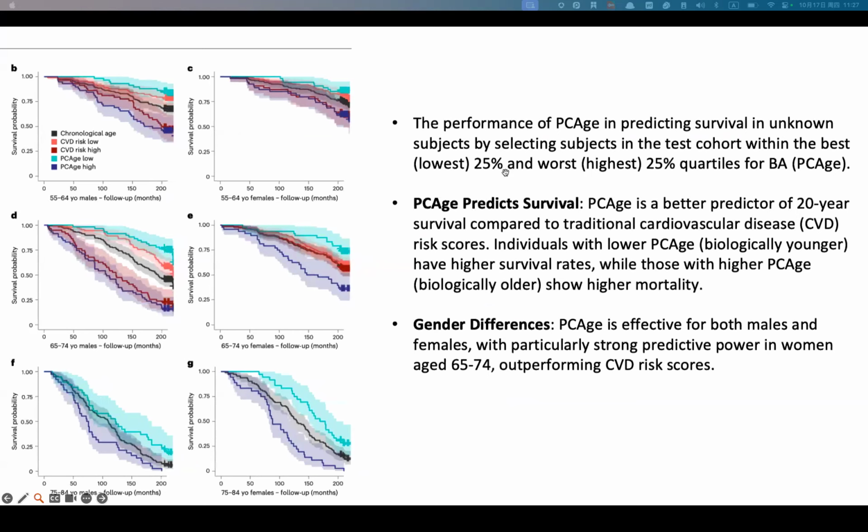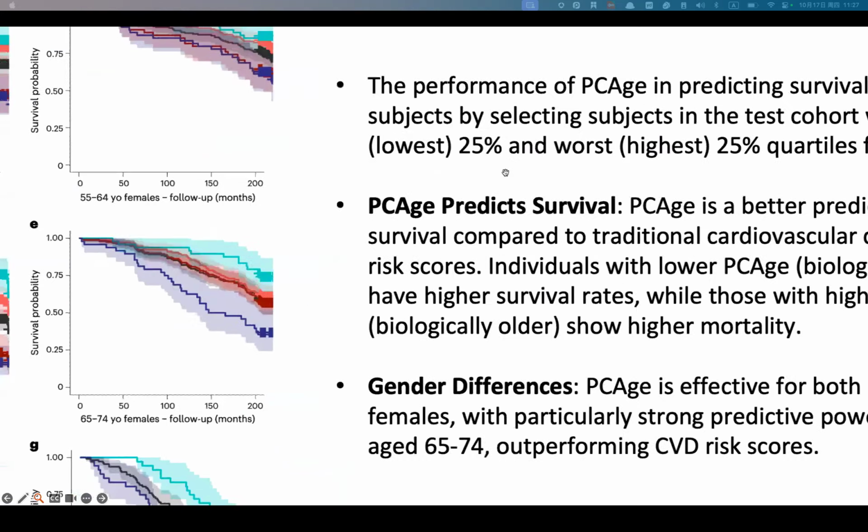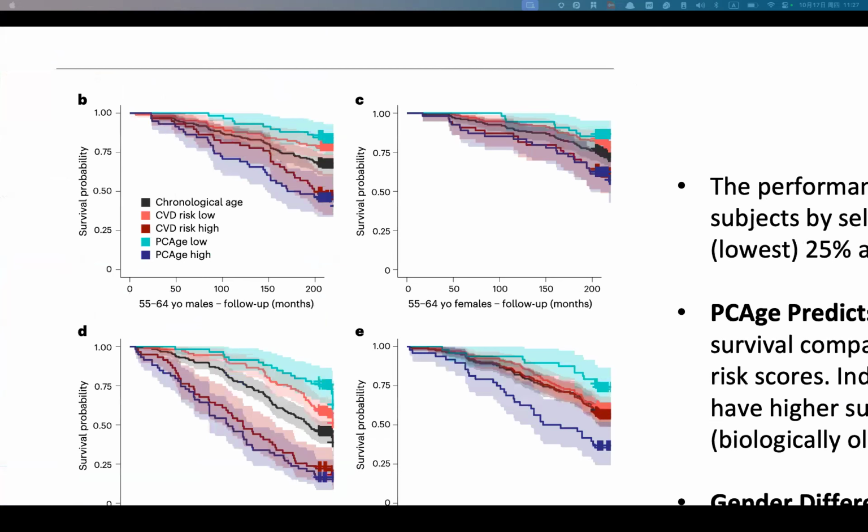But that doesn't do much better than the other thing, right? Even your chronological age shows reasonable performance, but your cardiovascular disease, high, low, also gives a good result. There's only one type of disease. If you put cardiovascular or cancer, other things together, probably worse.